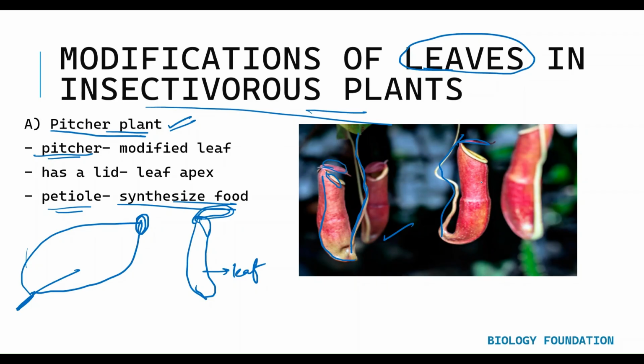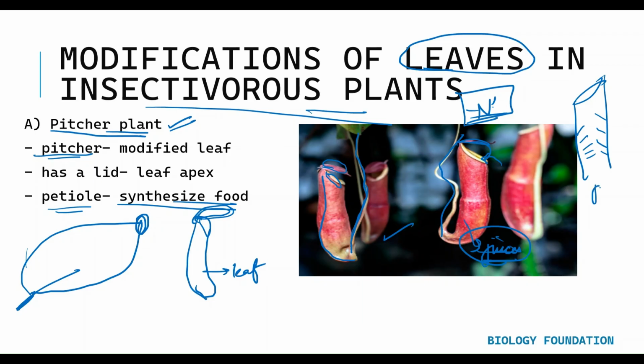Now what happens is, if there is a fly or any insect that lands on the pitcher, immediately the lid closes. And inside this pitcher you have certain digestive juices. What do these juices do? They completely digest the insect and kill the insect, and the plant utilizes the nitrogen source from the insect. Inside the pitcher, there are hair-like structures and some juices.